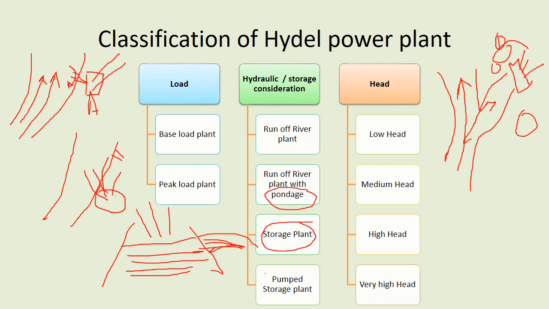Next is your pumped storage plant. Now you can say that it's a rectification of a storage plant. Once the water level is increasing in the dam, they don't send water outside, they just make a reversible turbine.